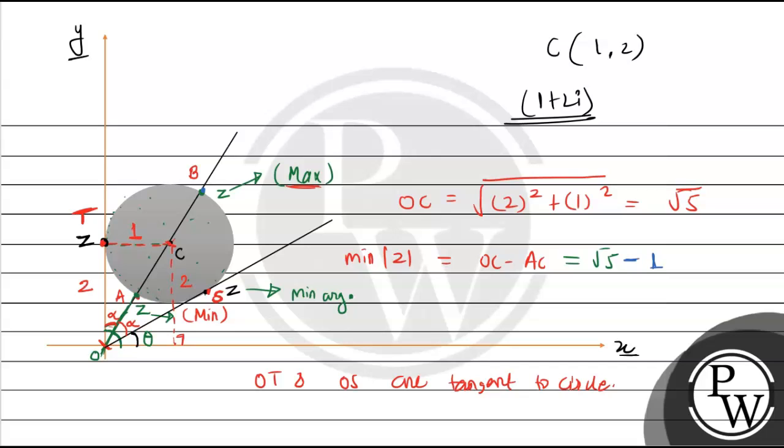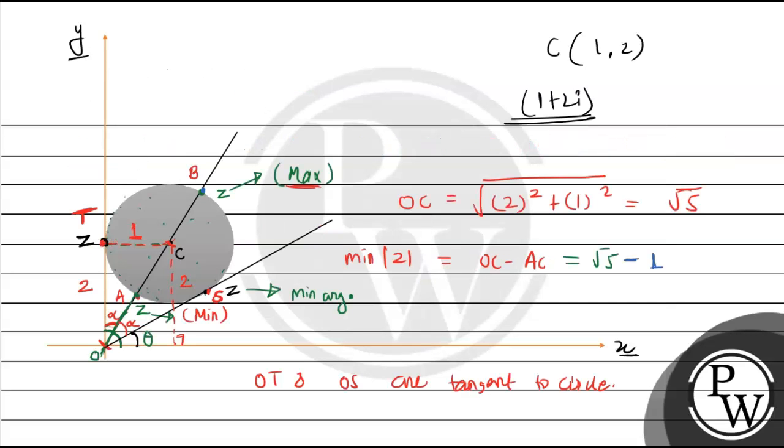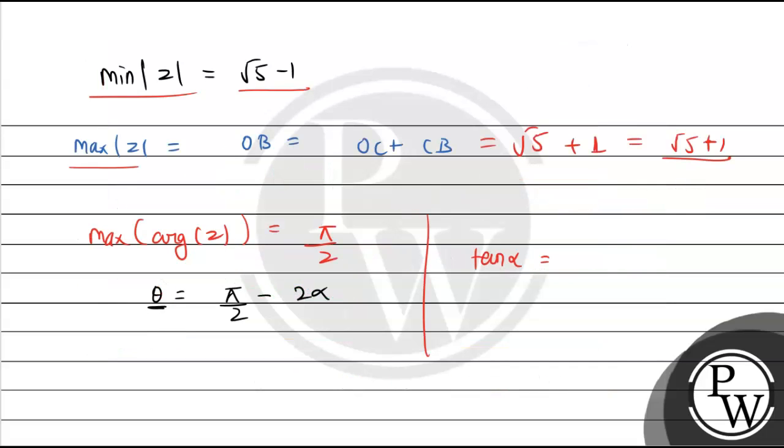So we can find this alpha angle with the help of tan, right? So here tan alpha will be what? P by B. In the figure this is the perpendicular, so this one is P and 2 is the base. So 1 by 2 will be the tan alpha, right?